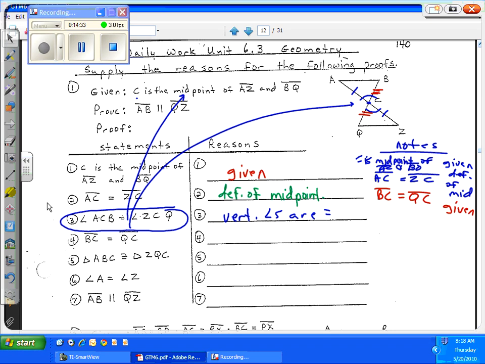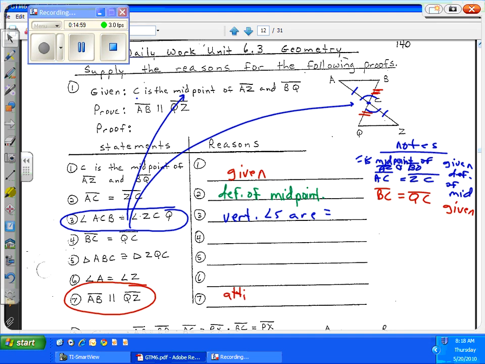Okay? Now, you can see some things in that proof, and we're going to just kind of leave you with that. Down here, when you look at naming parallel, you've got to go back in your mind and remember what possibilities there are.